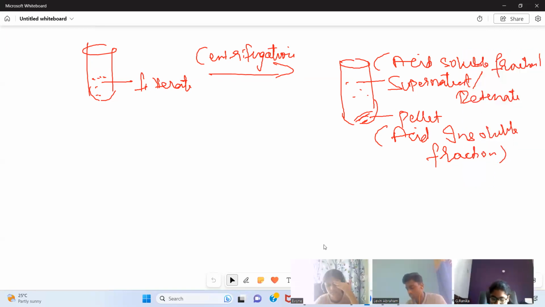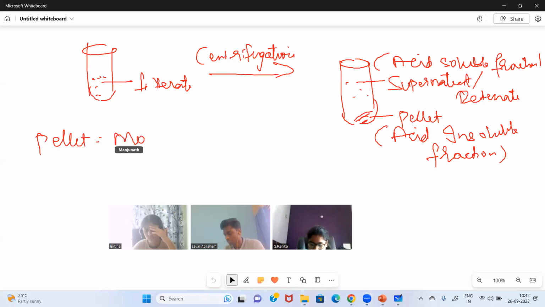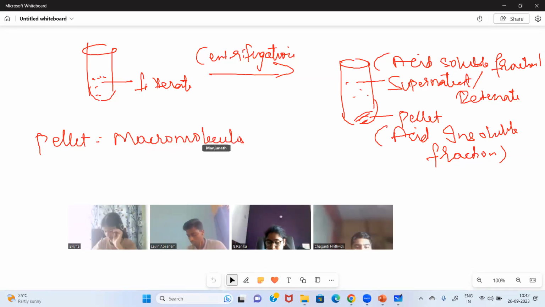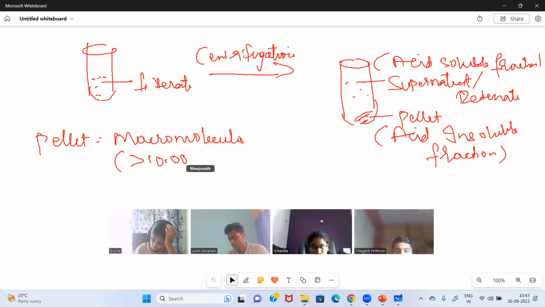In the pellet, you find macromolecules with greater molecular weight, greater than 10,000 daltons. Ranging greater than how many daltons? 10,000 daltons. And in the supernatant, you find the micromolecules.